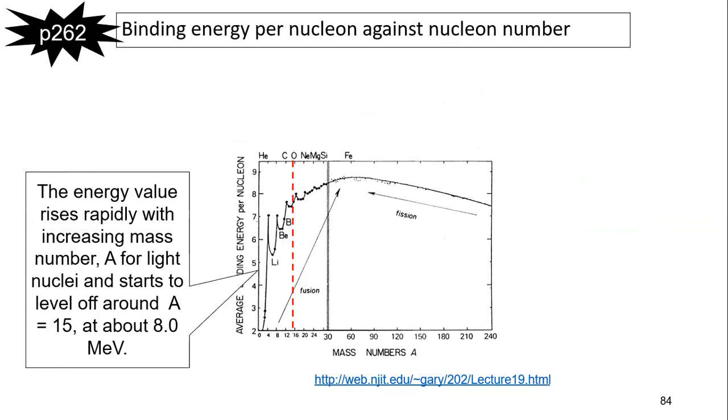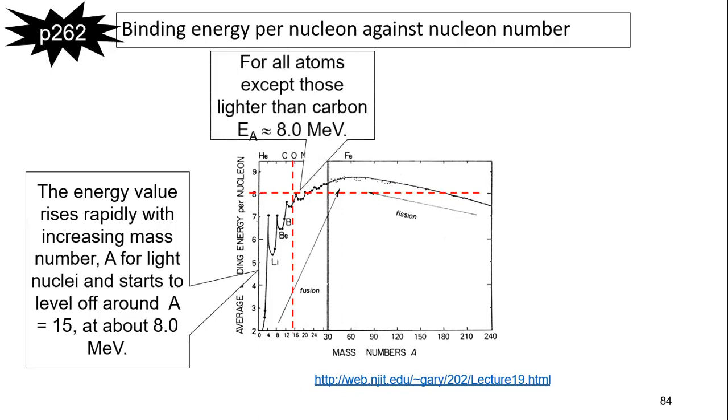So energy value rises rapidly with increasing mass number A for light nuclei and starts to level off about A equals 15. Then most of the elements are about 8 there. For all atoms except lighter than carbon, it's about 8 mega electron volt.